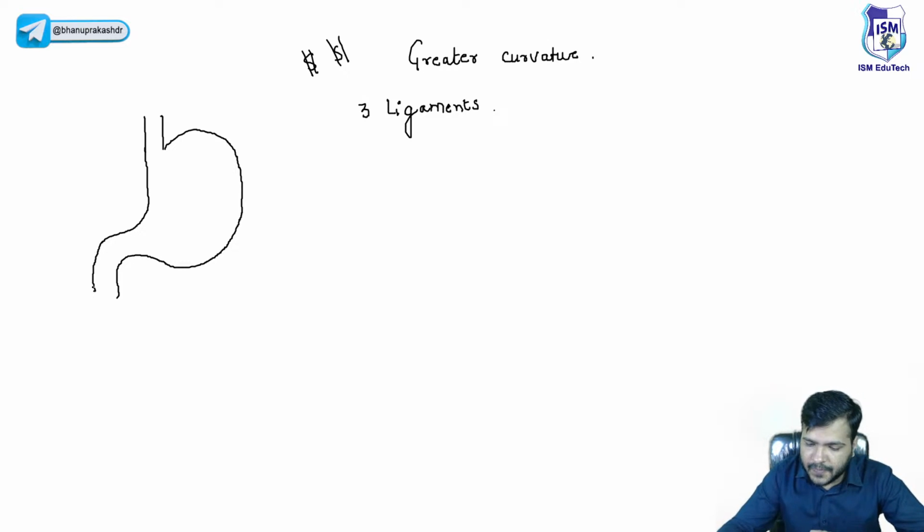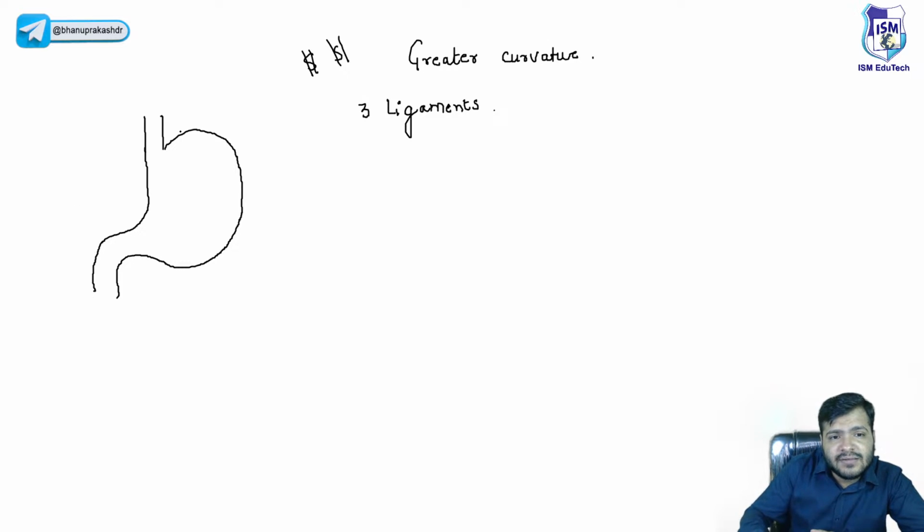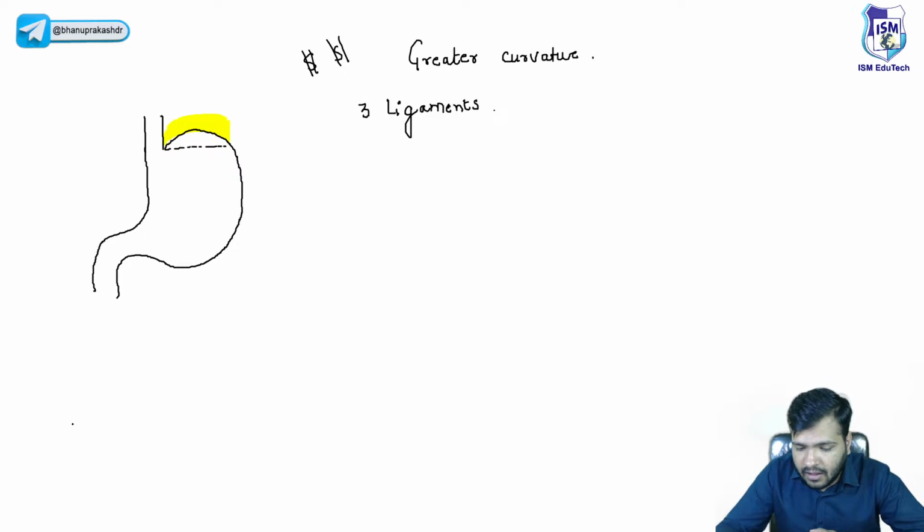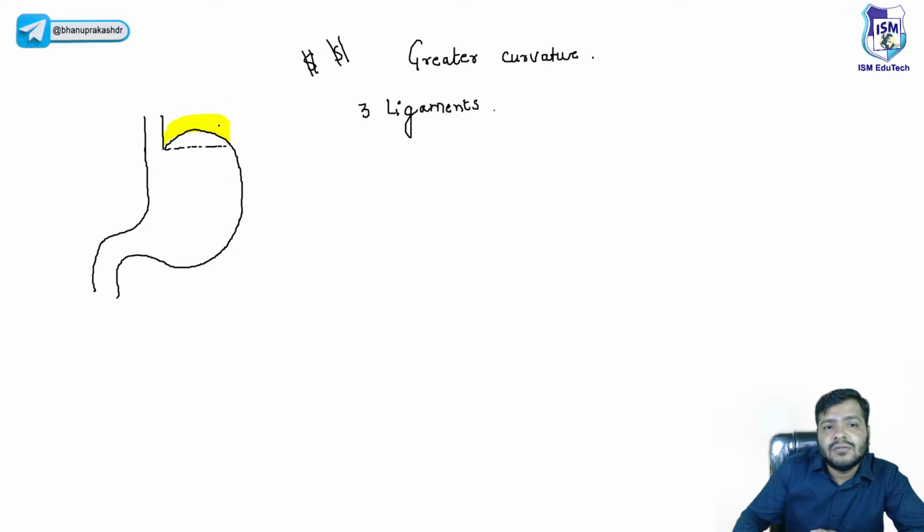So you already know from the fundus part. This is the fundus of the stomach, and from the fundus, beta, this ligament extends to the diaphragm. The diaphragm is called phrenic, and this ligament connects the fundus of the stomach to the diaphragm. That is why it is called the gastrophrenic ligament.